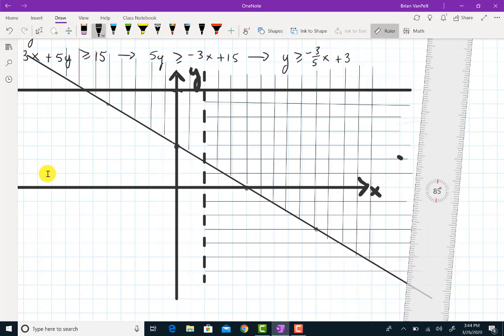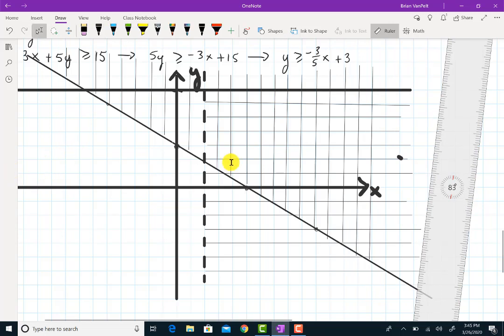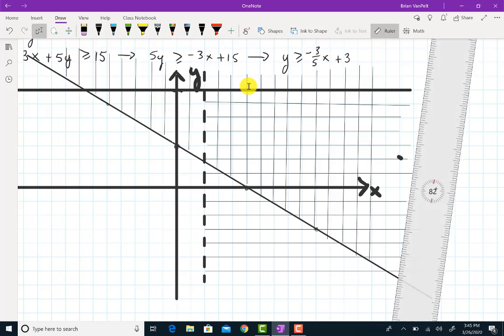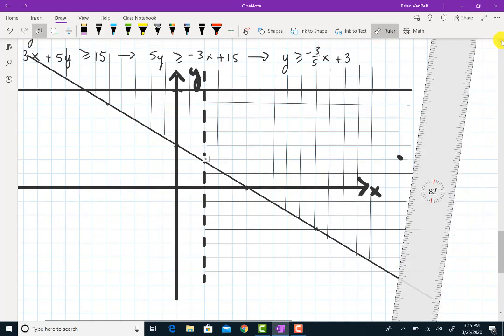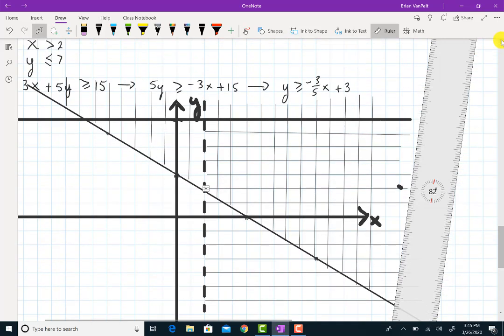I think by now you can kind of see the region that's in question. It's bounded by this line right here, x greater than 2, then you had this y less than or equal to, what was it? Y was less than or equal to 7.